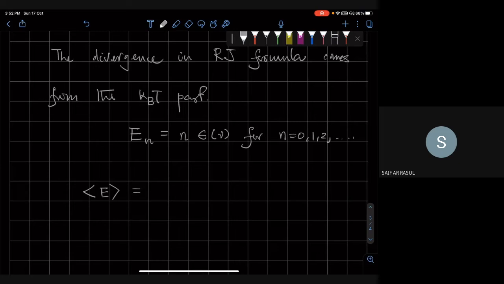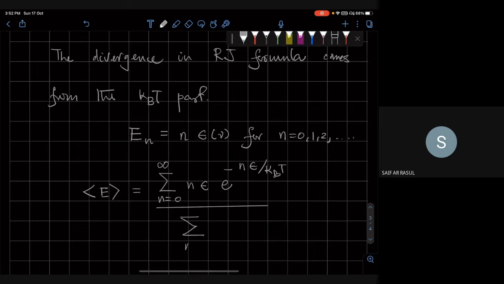The average energy is then going to be the sum of n times epsilon times the Boltzmann factor, which is e to the power minus n epsilon by kB T, and the sum now goes from 0 to infinity. Instead of an integral where we had kB T here, we now have n epsilon. Then we have to normalize this, as we did before, so in the denominator we have the sum of e to the minus n epsilon by kB T.